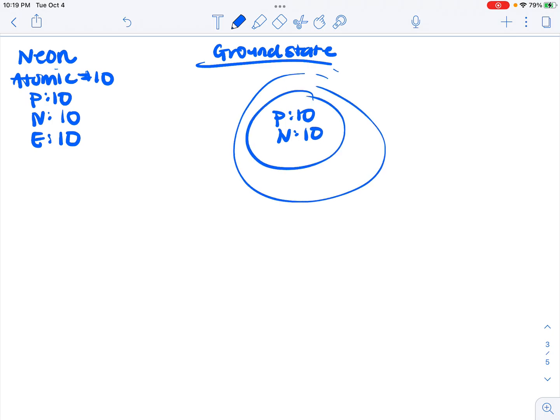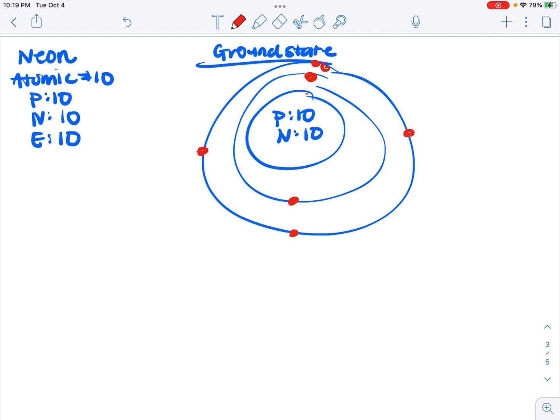Its atomic mass is 20, so it has 10 neutrons, and we're going to assume that it has 10 electrons. I'm going to go ahead and put my protons and my neutrons in my nucleus. I'm going to draw our first and second energy level, and I'm going to put my electrons in their respective energy levels. 2, 3, 4, 5, 6, 7.